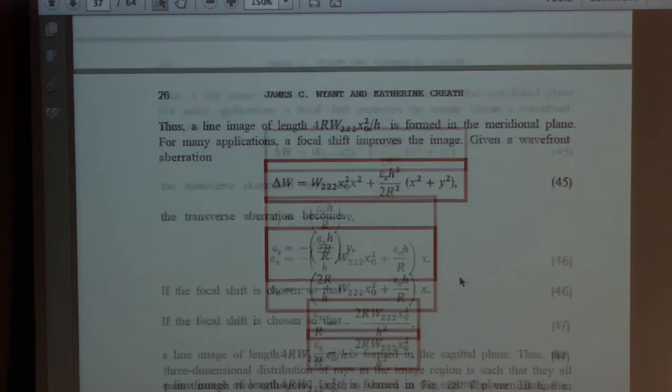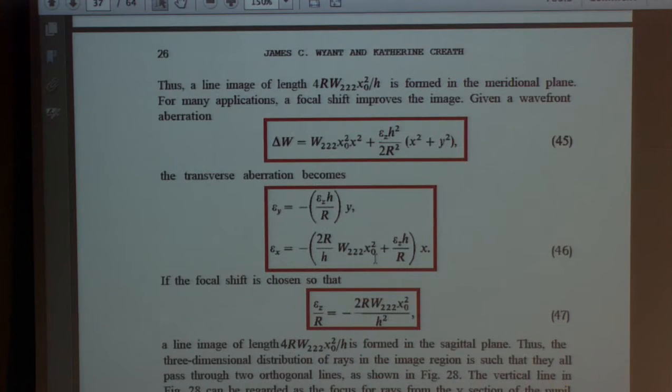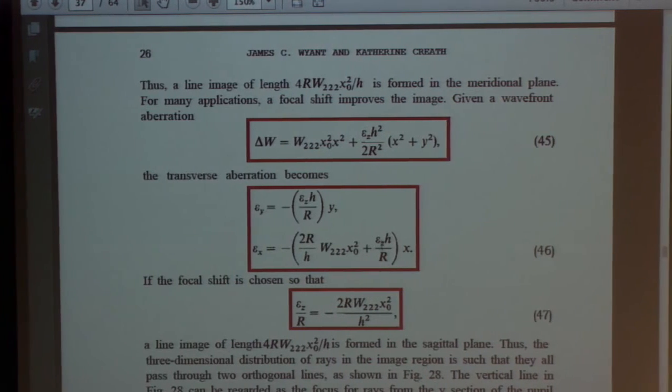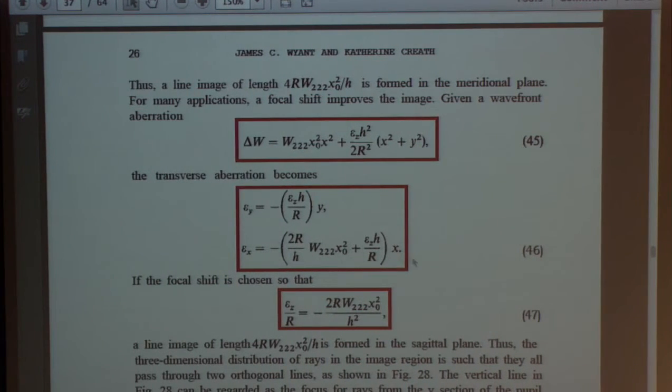And now I get an epsilon sub y, and I get an epsilon sub x. And it's clear here, I think, that if I pick the right epsilon sub z, then this can go to 0. And so just like before I had a 0 epsilon sub y and an epsilon sub x, I could make it so it's the other way around. So that's why we get the 2 line foci.